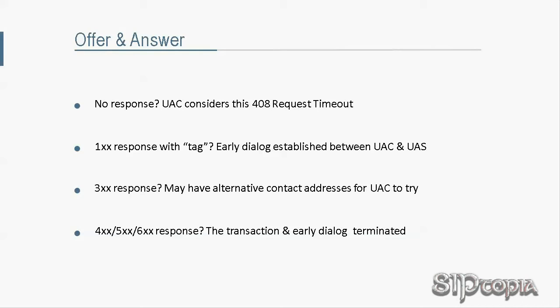As we discussed earlier, user agent client could also receive a 1xx response with a tag in the to header field, which would create an early dialog between the UAC and UAS. A 3xx redirect response could be received, possibly providing the UAC other contact addresses to reach the UAS.